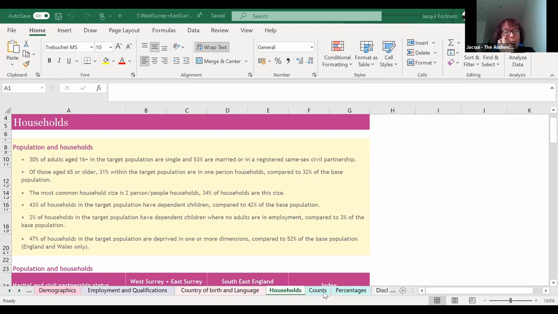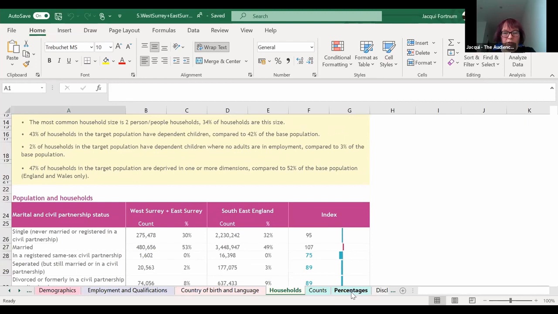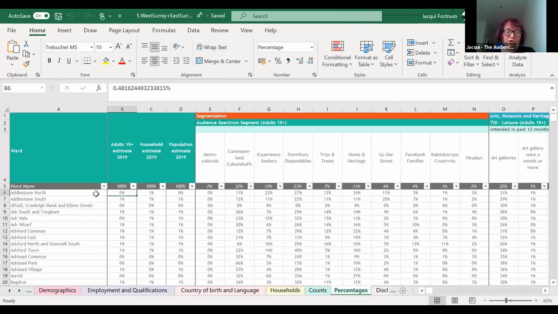Now, one of the most important things about the engagement area profile reports is the amount of detail that you get. And when you come down to these last two tabs, the counts and percentages, you can see just how powerful that is. So for all of those metrics that we've just looked at, you have all of that information at a ward level.